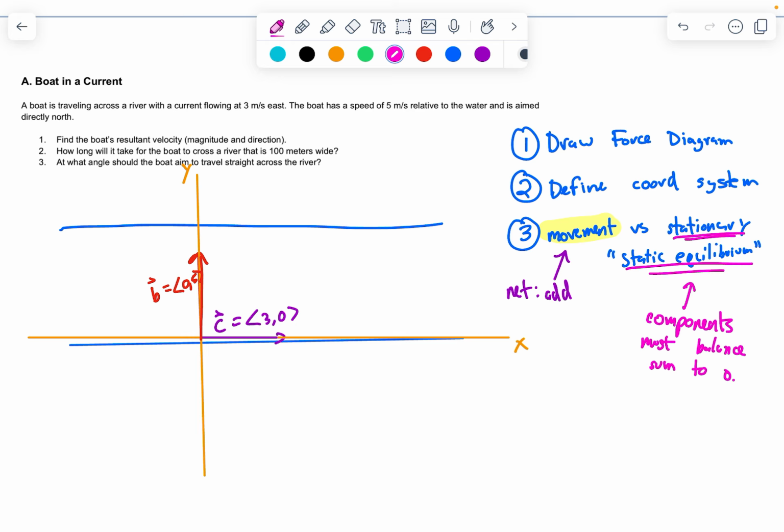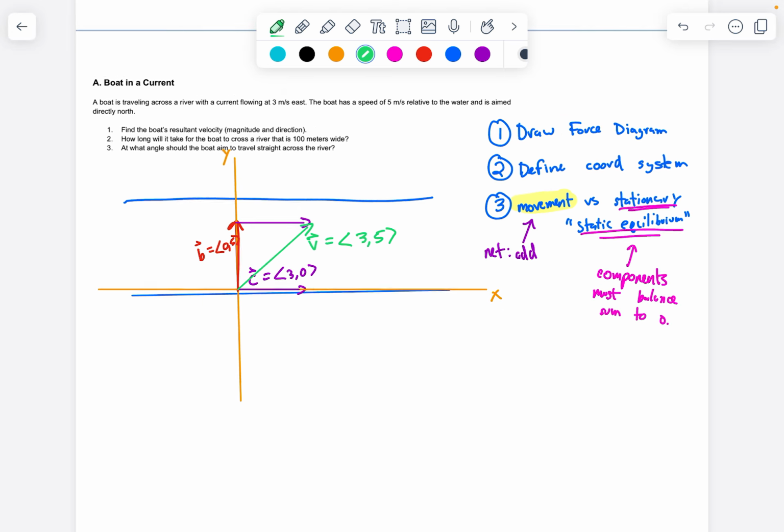All right, find the boat's resultant velocity, magnitude, and direction. So that's simple. The boat's net velocity, we just add the two vectors. So I'm going to put C up here now. Okay, add vectors, you just put them tip to tail. So the resultant vector velocity would look like this. We'll just call that V for the velocity vector. Super, super easy to add these two vectors because we already know their components. It's just going to be 3, 5.